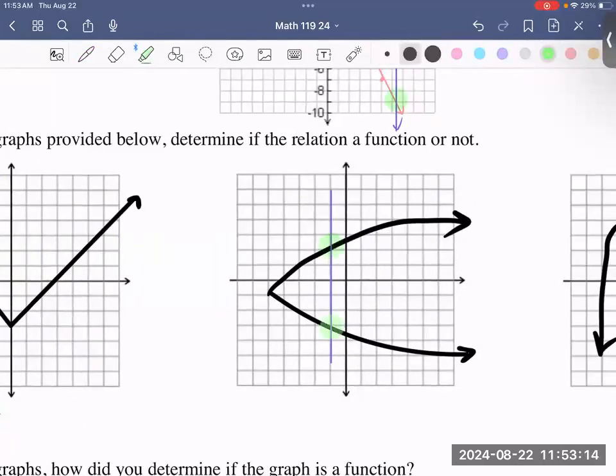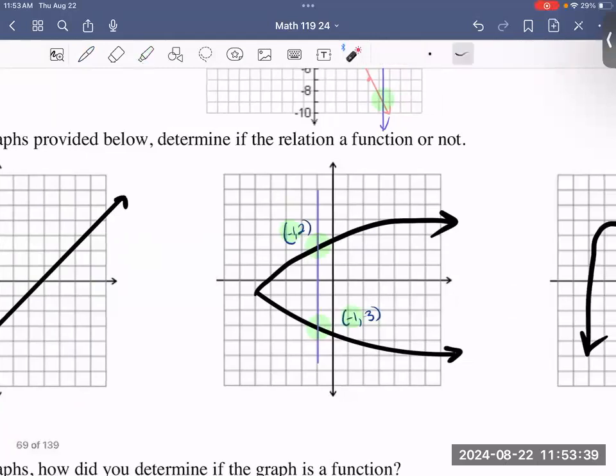What about your next one? It hits once, twice, and automatically that is no longer a function. The reason for that is that if you were to pick out this point, we have (-1, 2). And again, over here, we have (-1, -3). Notice that that x value is going to repeat, which is not allowed.